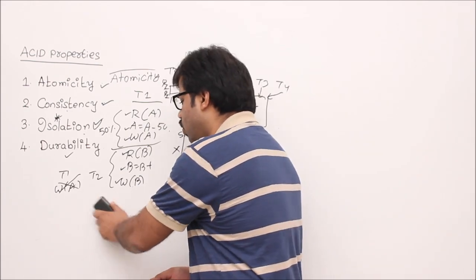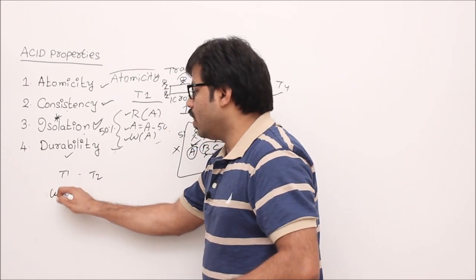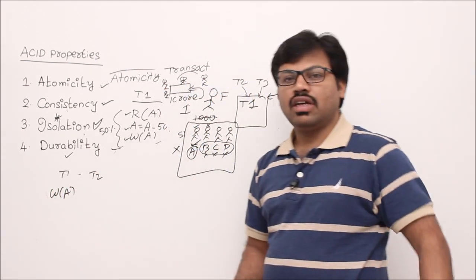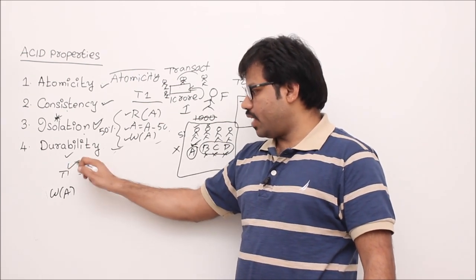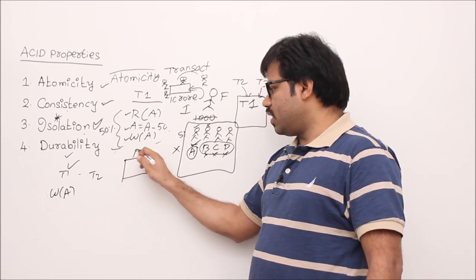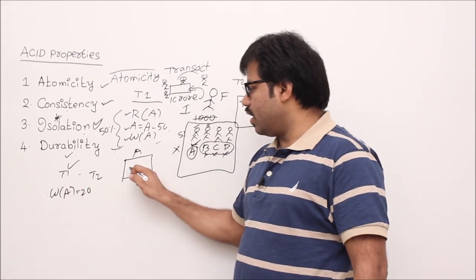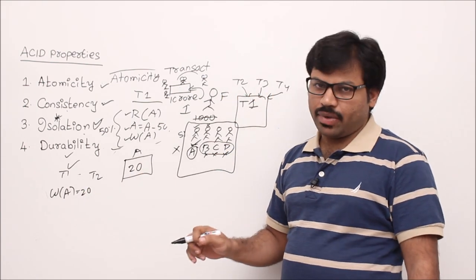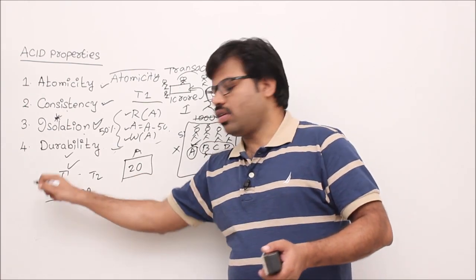But when there is no other write of A, if this is the only write of A, in such a case, after some time, your DBMS executed T1 and stored whatever value was given by transaction T1. For example, this write of A is writing 20 here. But after 1 hour, what happened? Because of its personal problems. Personal problems means power failure.